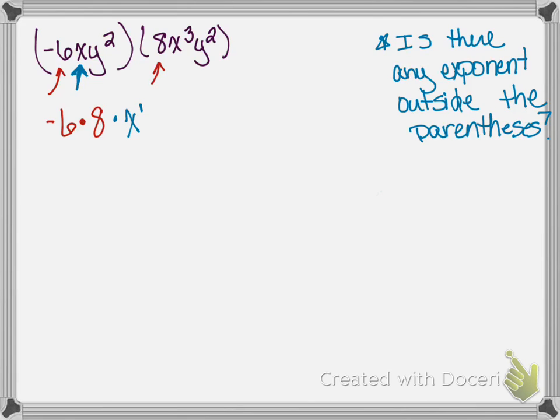To the first power. When we don't have an exponent written there, it's to the first power. Okay? Then I've got this x to the third. Okay? Y squared times y squared.